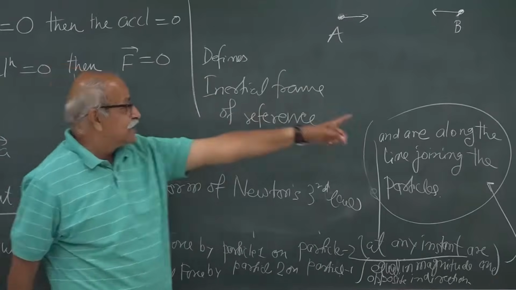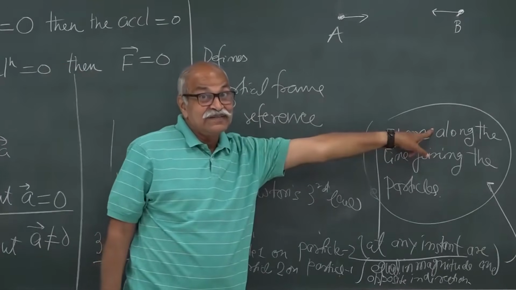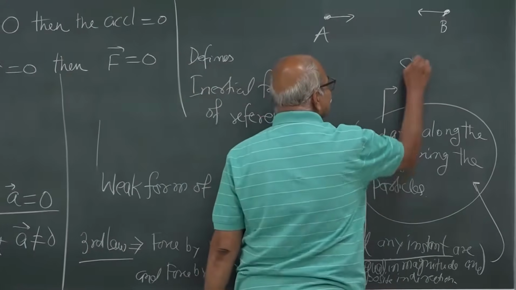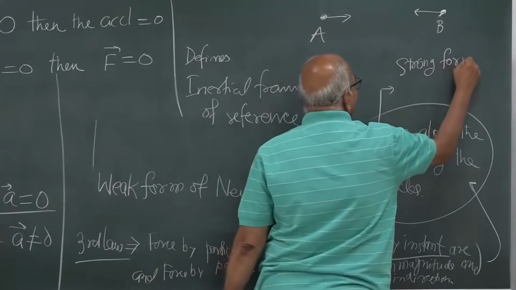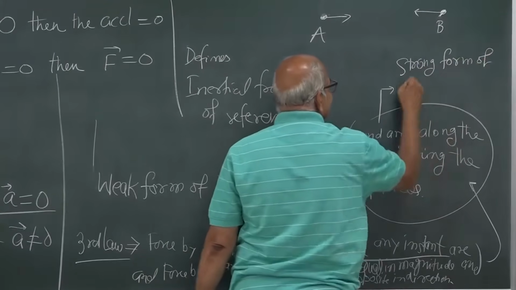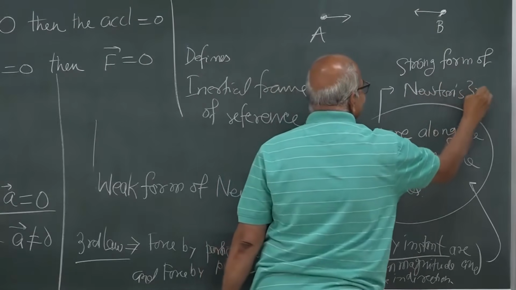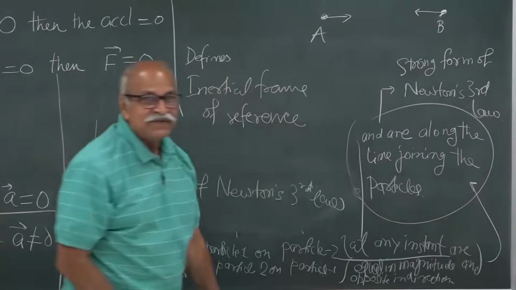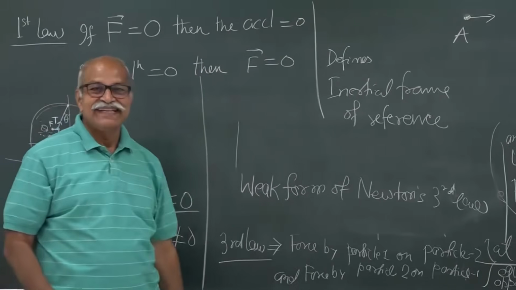And when you add this also, that the two forces are along the line joining the particles, this is sometimes called strong form of Newton's third law. Okay, so we will stop here and we will talk further on forces in the next lecture.